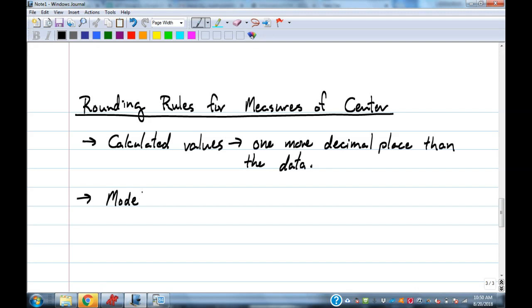So you're not ever going to calculate that. So it's going to be the same as data values. If everything has one decimal place, the mode is going to have one decimal place. Where all of the ones that we can calculate could go 2 decimal places. Okay? So mode should always have the same decimal places as your data. Okay? All right.